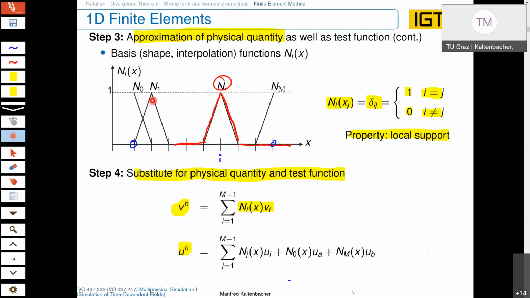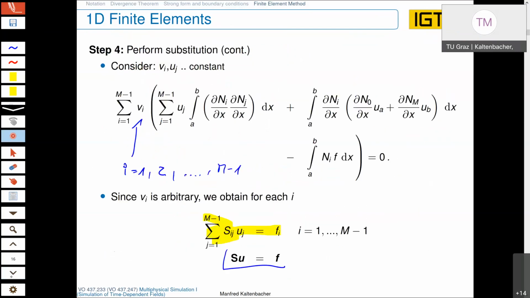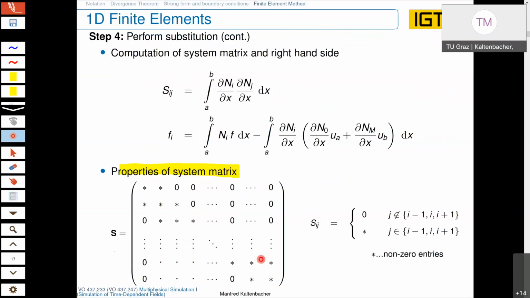Nicely. Or if you look at n0 and n1, you see they just have an overlap. This basis function n1 just has an overlap at the node itself clearly and the two neighboring nodes. So that means for all the other nodes it is zero, and so you just can have a diagonal entry and two off-diagonal entries, because for all the other nodes it is zero, and that gives you this so-called sparse matrix.